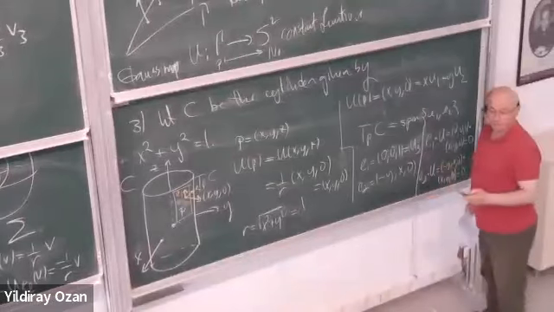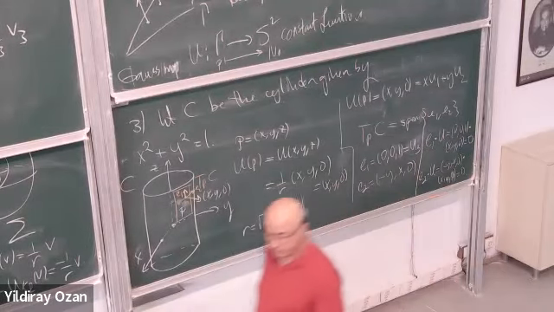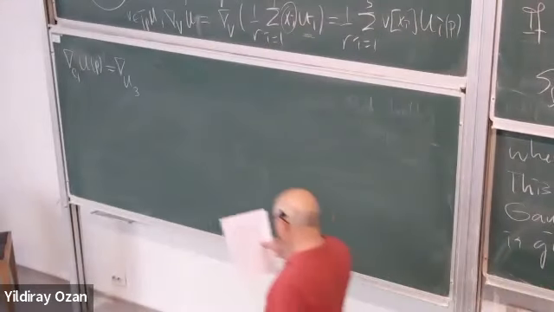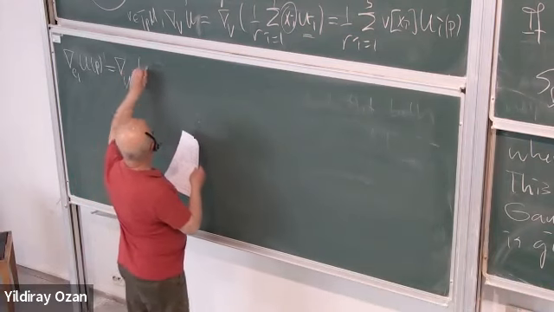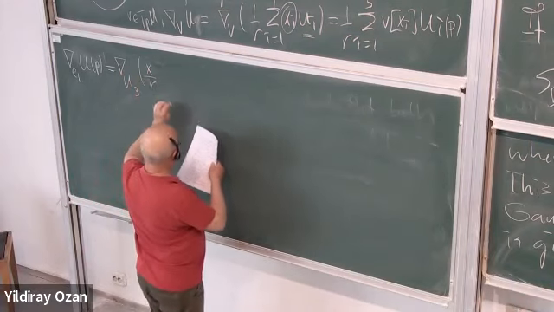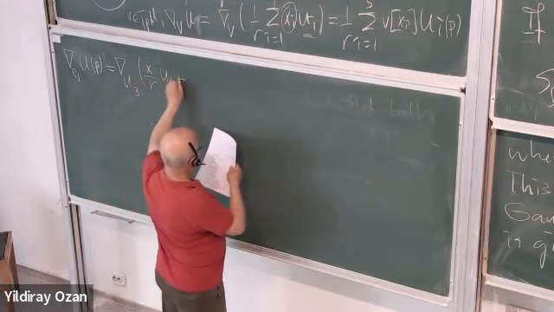E1 is the vector field U3. And then I have UP. UP is what? It is X over R times U1 plus Y over R times U2.